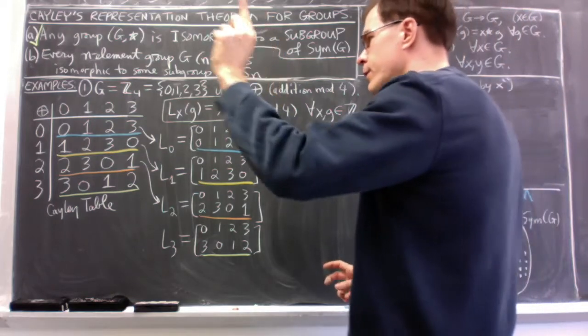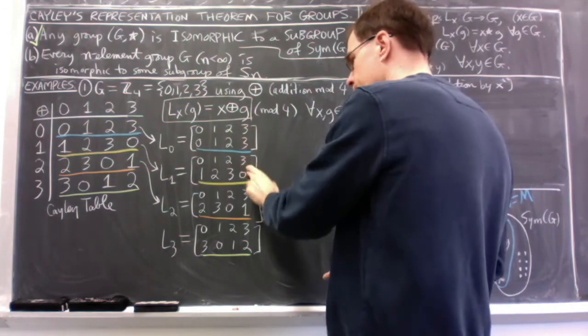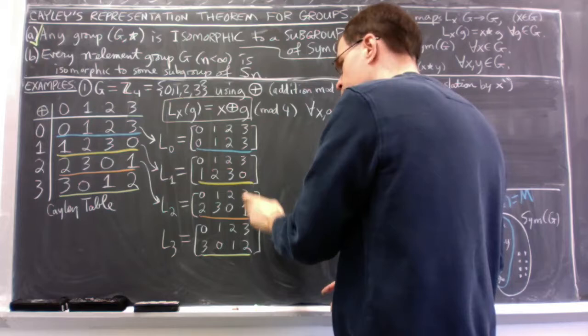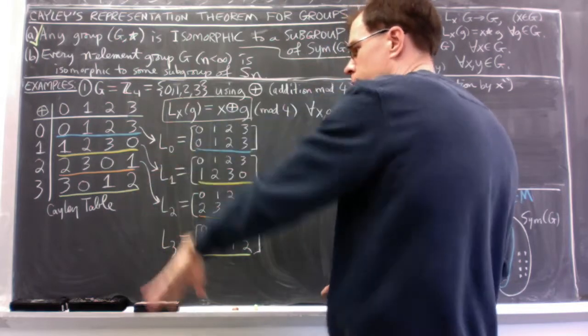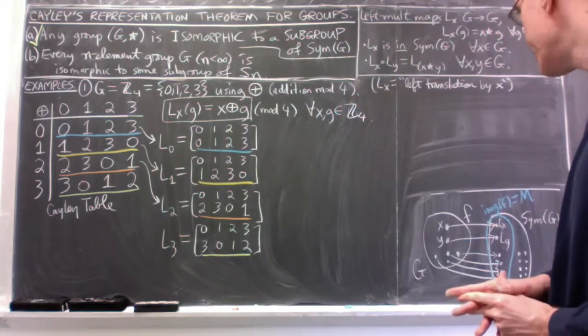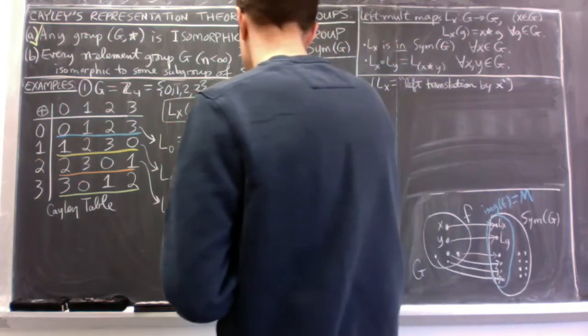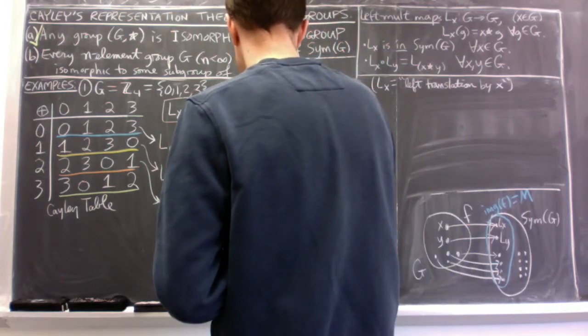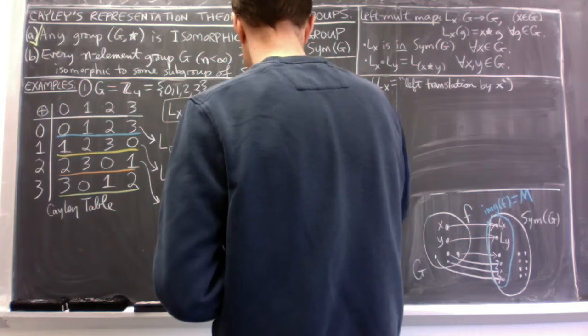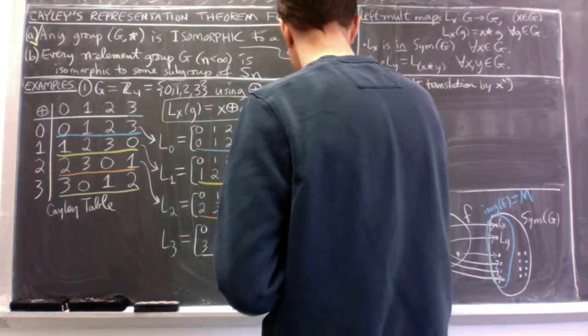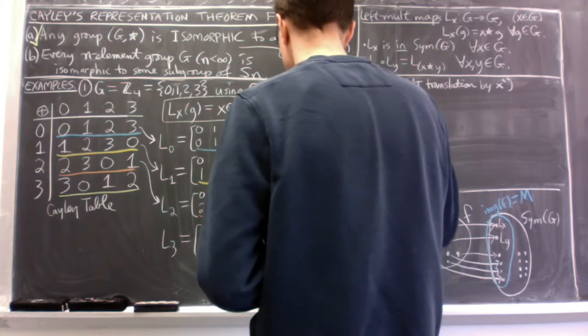And the fact that the function f is onto is saying that these are 4 different functions coming out from the 4 different group elements. Okay, and we could write them in cycle notation if you wanted to. Like this first one is the identity map on the set Z mod 4.